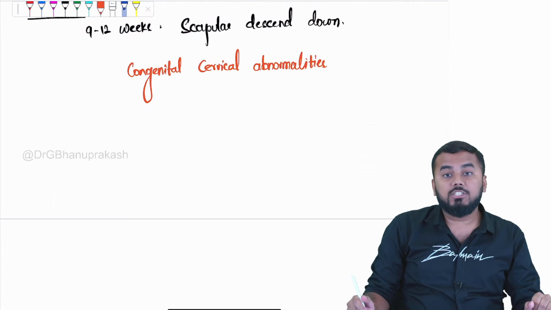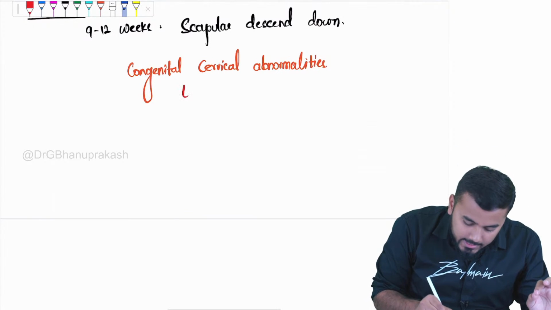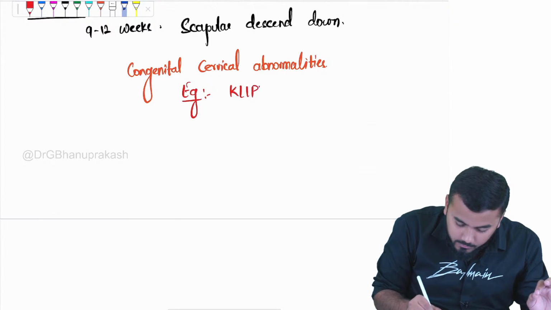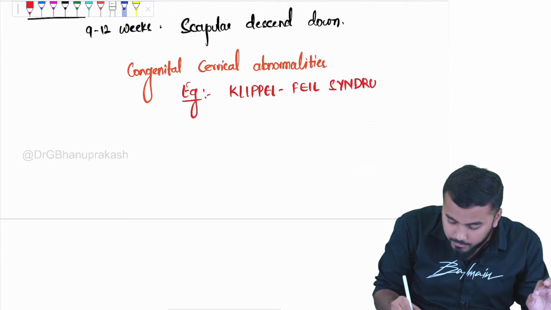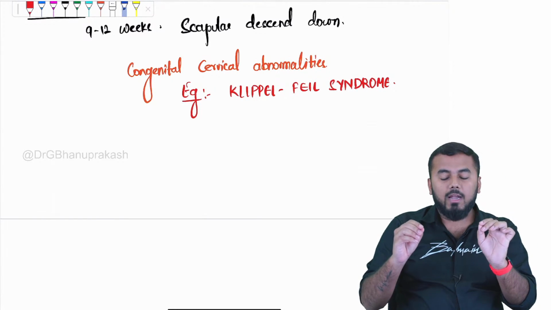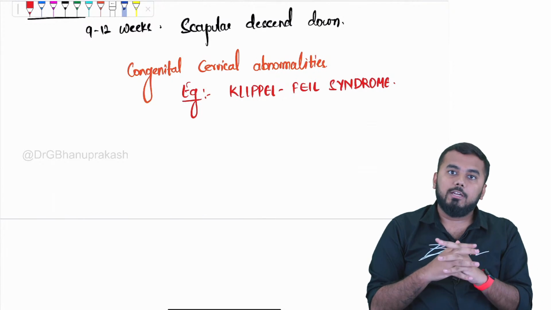some cases like congenital cervical abnormalities, I'm also giving you an example: Klippel-Feil syndrome. In some cervical abnormalities like Klippel-Feil syndrome, this problem is associated in those patients.